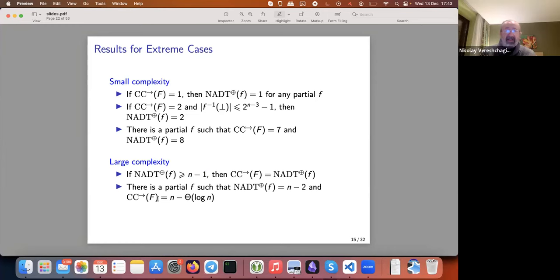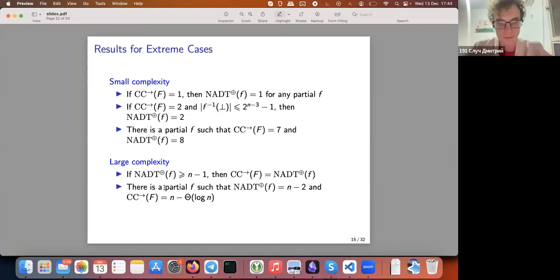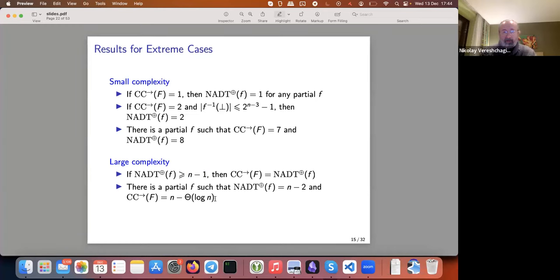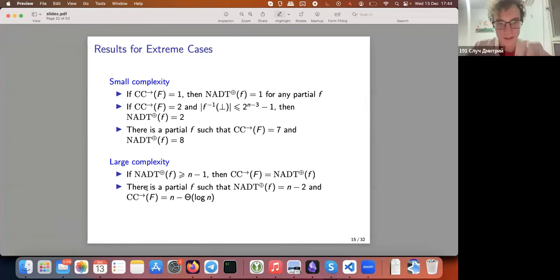And in the large complexity case, there is no upper bound for the number of undefined points at all. Yeah. But you know how many, because you have this example. Yeah, we have this example.